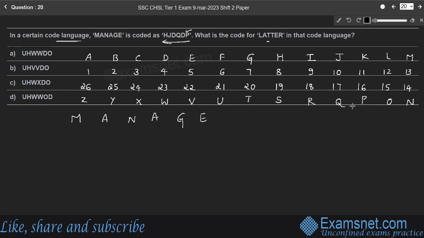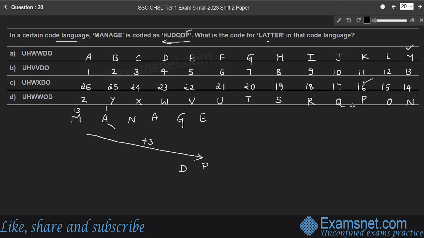The positional value of M is 13, so 13 plus 3. You have to add 3 to each alphabet here. M plus 3 is 13 plus 3, which is 16, the positional value of P. Therefore, M is coded as P. Similarly, A is 1. 1 plus 3 is 4, and 4 is the positional value for D.